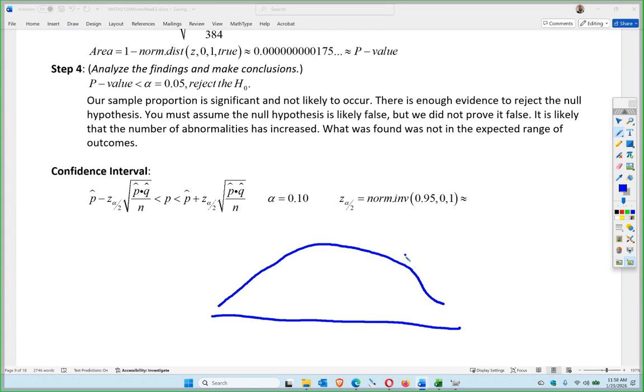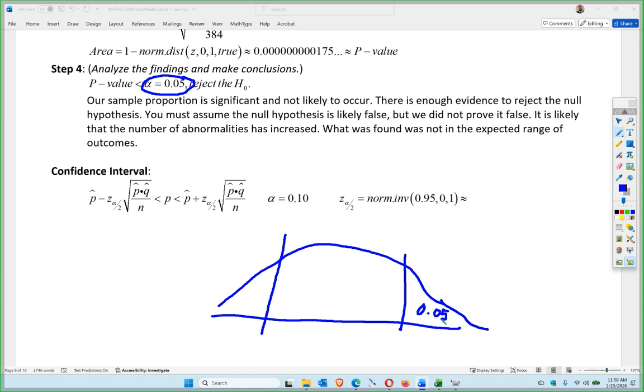Hypothesis test was 5%. Right, which is this right here, right? So okay, so it was looking for this 5% here.